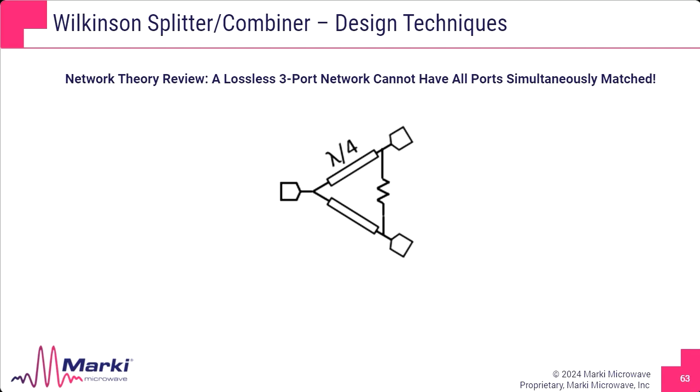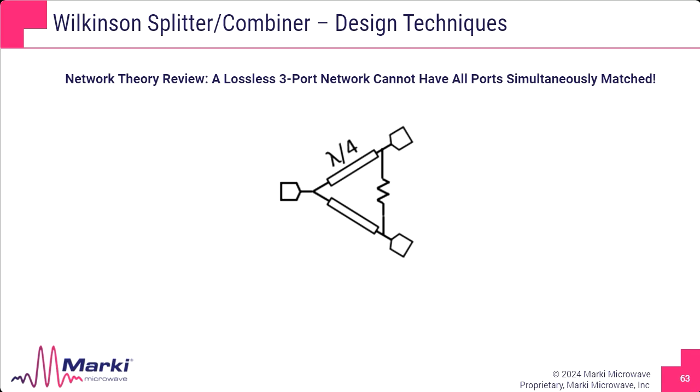So, in the Wilkinson, we sort of trick the circuit into thinking it is matched on all ports and minimizing reflections. And how do we do that? It's with this resistor here. The resistor introduces a controlled loss, which enables the Wilkinson divider to achieve near perfect matching by absorbing the reflected power.